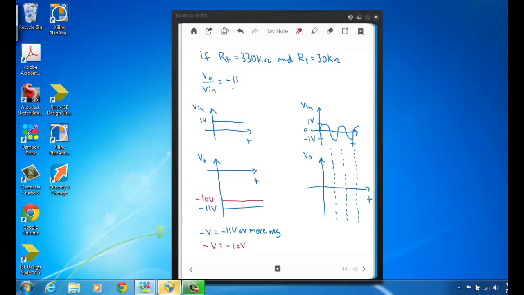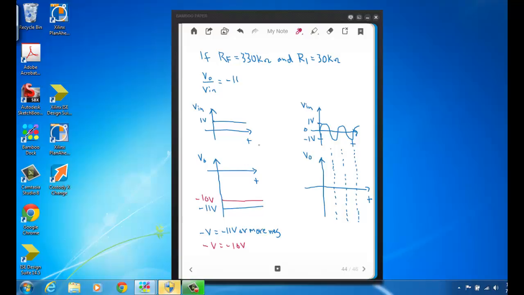So even though we were expecting minus 11 volts at the output due to the resistor values that we have, if our negative power source is some negative voltage that's less negative than this expected output, well, the output would just equal that less negative value. And when this happens, we say the output is distorted because it equals a value that's other than what the expected value was.